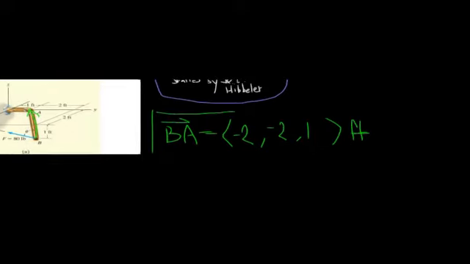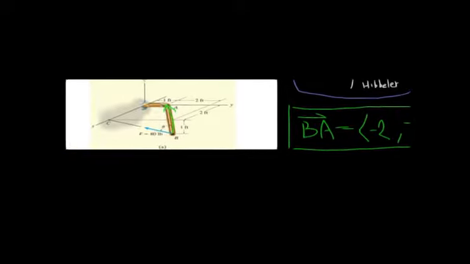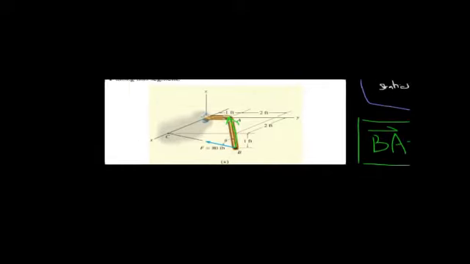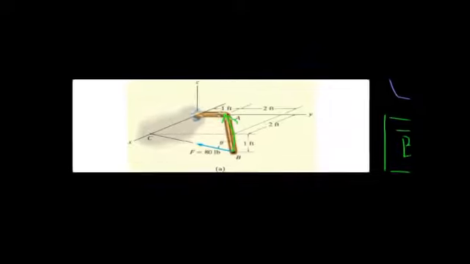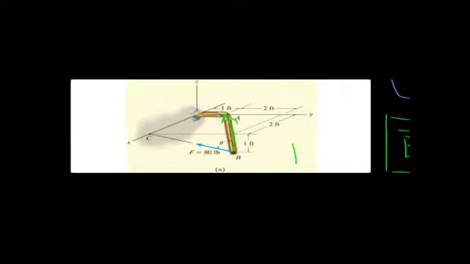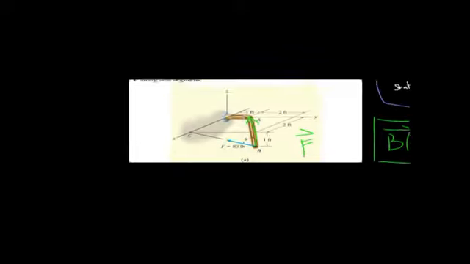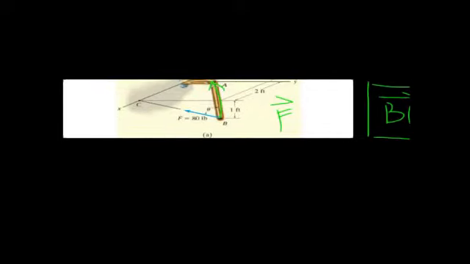That's one thing checked out of our checkbox, I guess. And we want to know what is the direction of F, the vector F. It's here. So what is vector F?